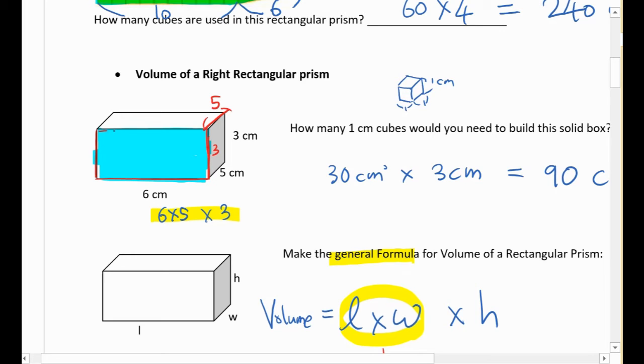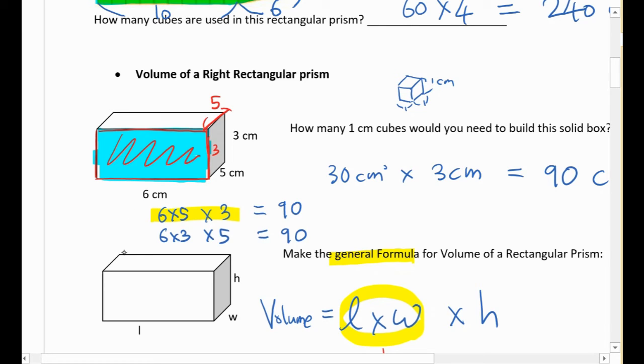So we find the base area, which is 6 times 3, and the height is 5 centimeters, times 5. Let's compare the answers. What's 6 times 5? 30. 30 times 3 is 90. What's 6 times 3? 18. 18 times 5. If you cannot do mental math, use your calculator. So 18 times 5 is 90.